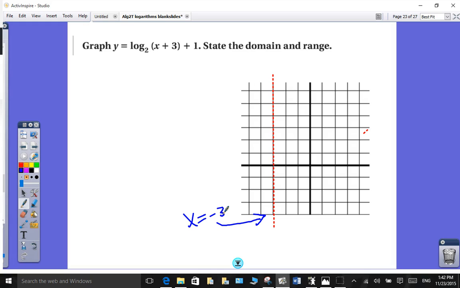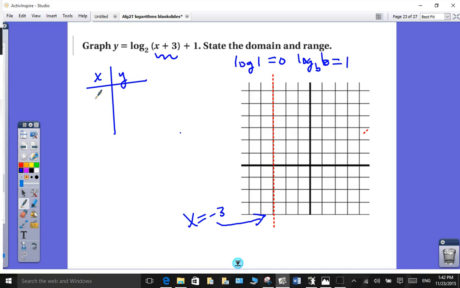It'd probably be nice to have a couple of points to graph, and that's why I put those 2 properties up before. Remember the 2 properties. The one property said that the log of 1 equals 0, and the log base b of b equals 1. So if I make myself a table of values just to know a couple of points, let's figure out what I plug in to x so that I make it the log of 1.